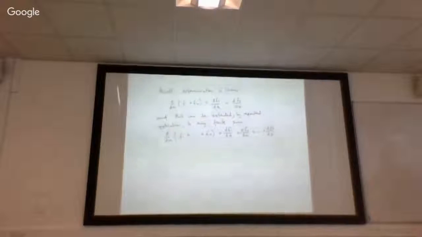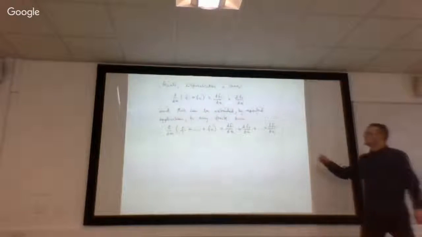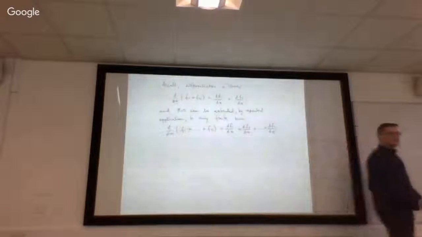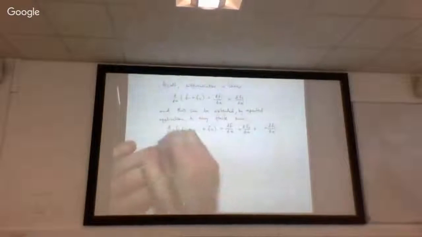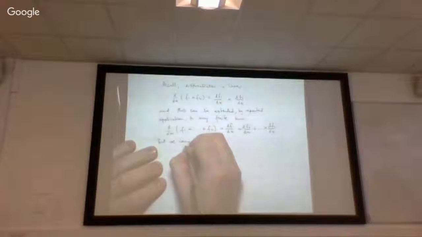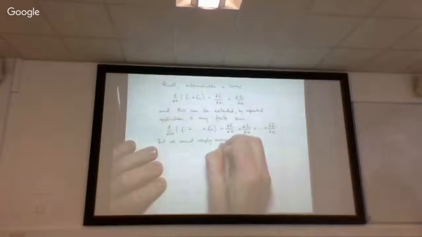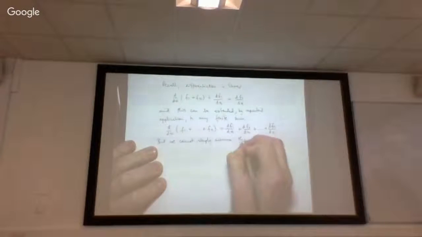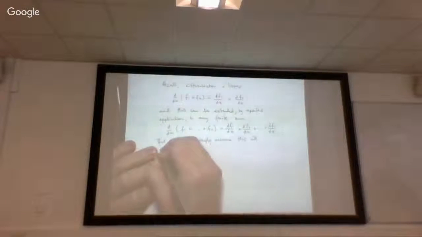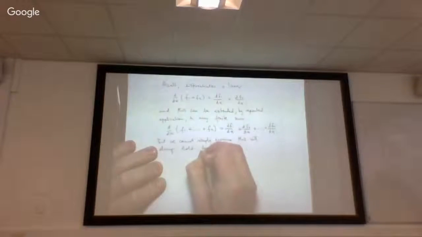But it's not the same thing to extend this to infinite sums, okay? We cannot simply assume this will always hold for infinite sums.